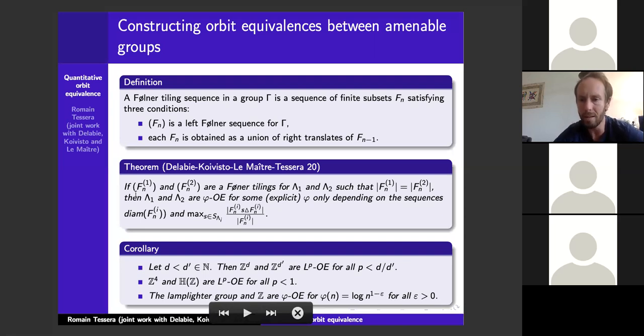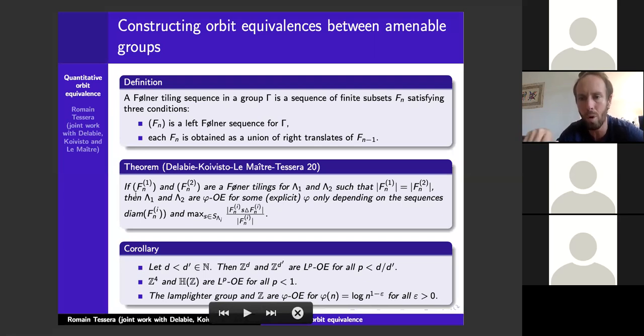And what's interesting there is that you have a good understanding of the integrability condition satisfied by these actions. How good this coupling is only depends on how good the Følner sequence is, and here it's measured in terms of the relative decay of the symmetric difference on the one hand.